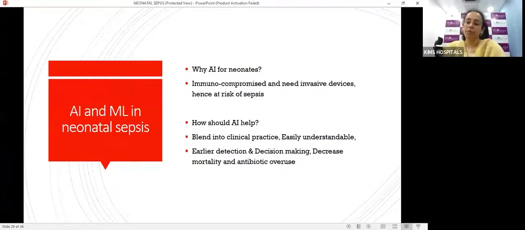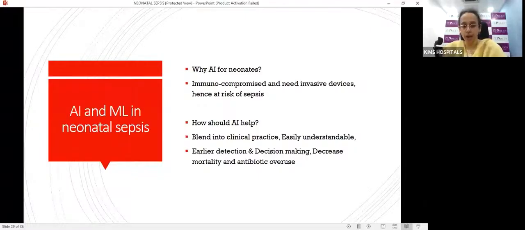They may be given total parenteral nutrition, might have feed intolerance, and need respiratory and ventilatory support.